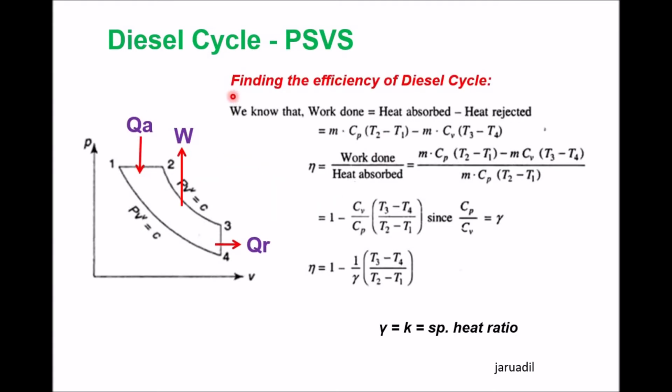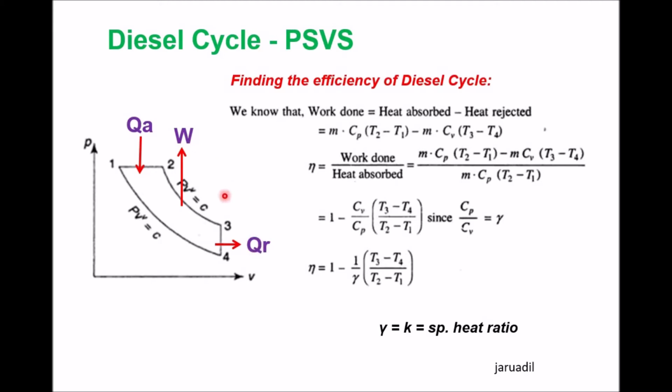Here we will discuss how to find the efficiency of the diesel cycle. Using the first law of thermodynamics, energy in is equal to energy out. As you can see in this diagram, the energy coming into the cycle is QA, or Q added, and the energy going out of the cycle is work and QR.